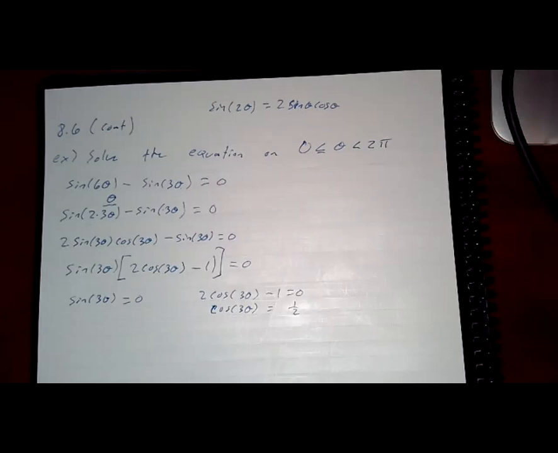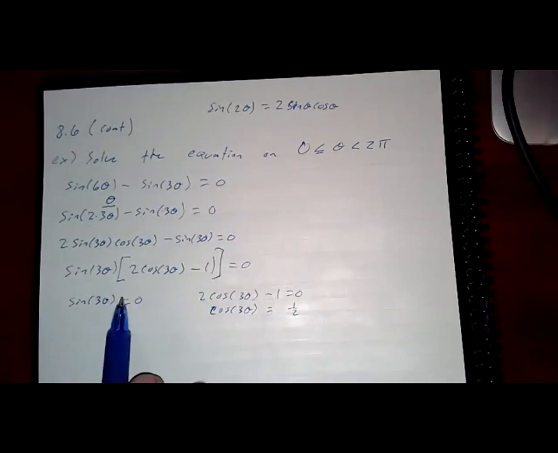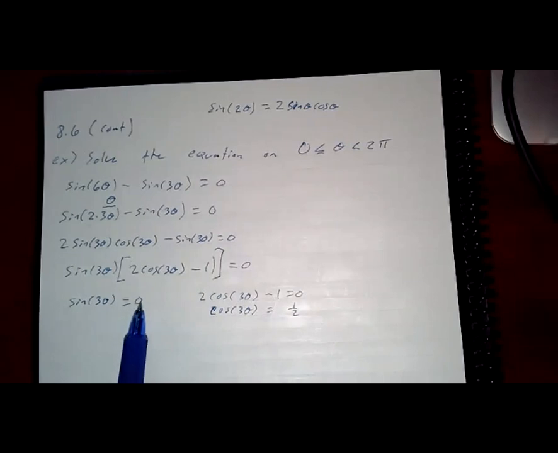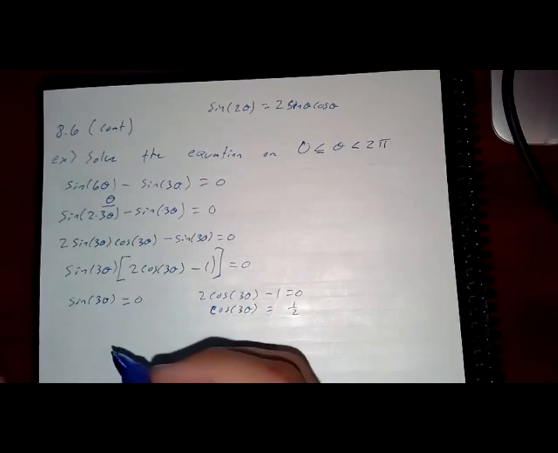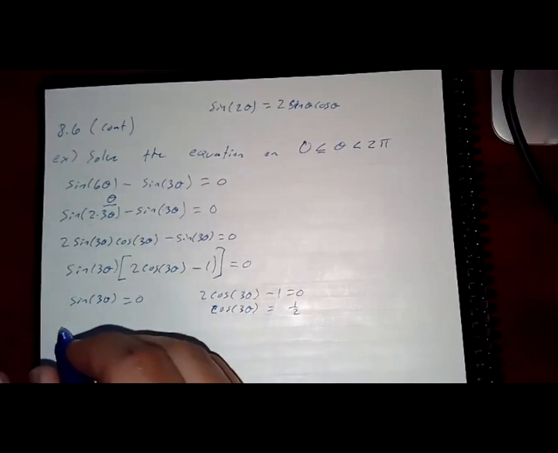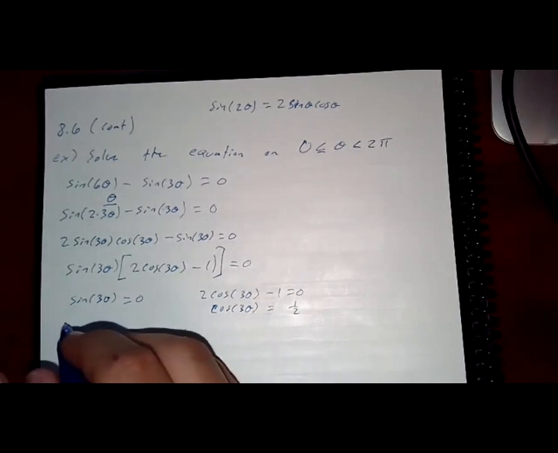Well, here we go. So regular sine is 0 at 0 and pi.